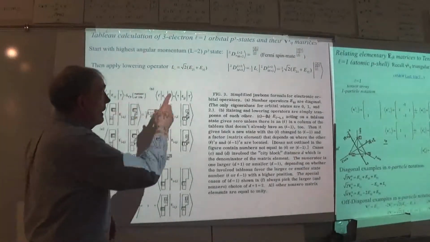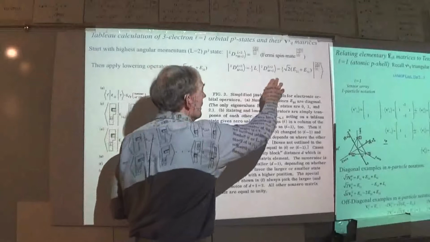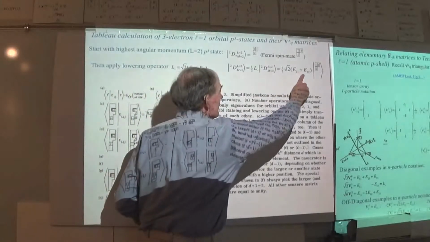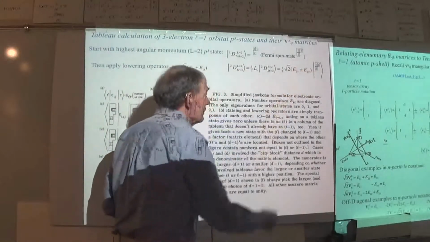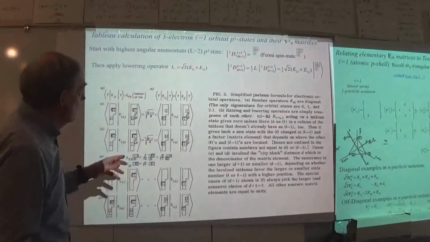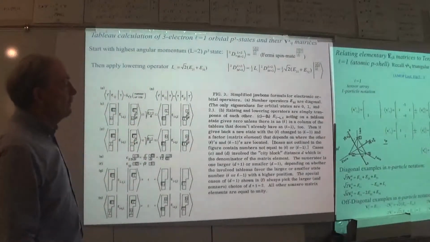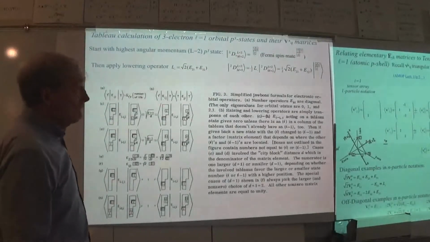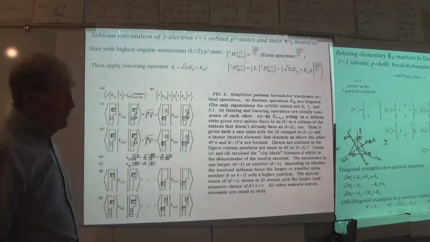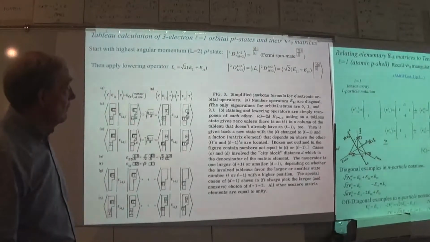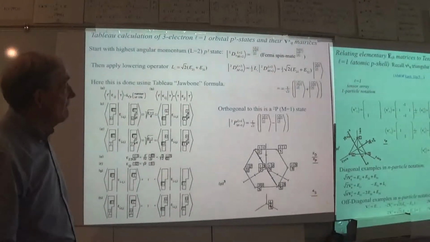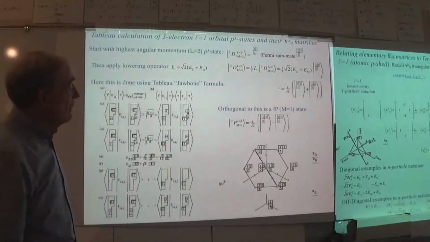So when I apply L minus, I'm going to have to do an E21 and an E32 on that tableau. Okay? And the basic idea is you figure out which one of these cases you have here, and proceed. Just destroy a 1, create a 2, and destroy a 2, create a 3 for this combination. Okay? And that's the answer that comes for this one.